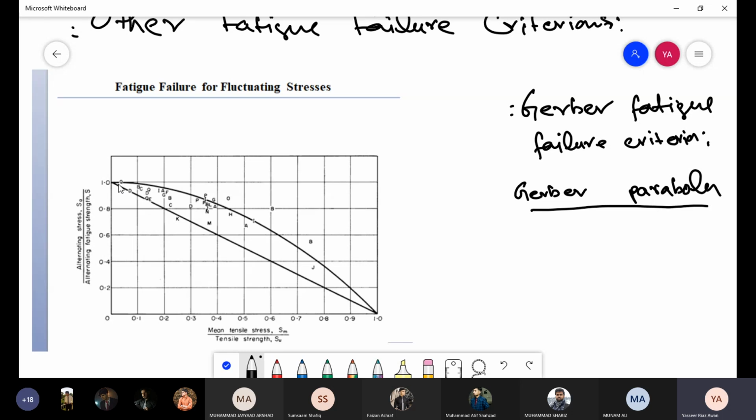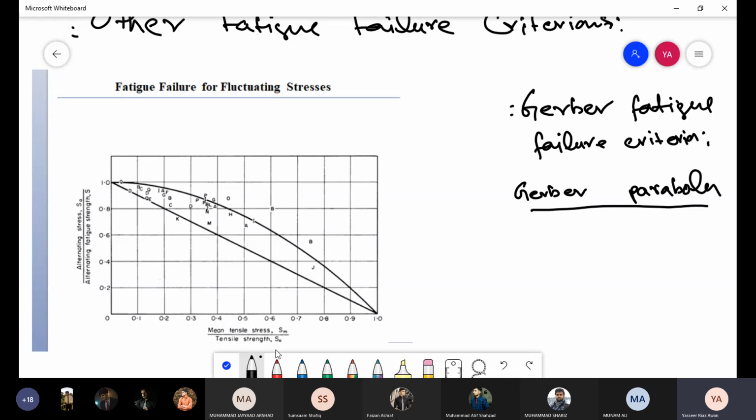So it is not a line, it is a curve which is a parabola. Modified Goodman was a line. It is a better fit for experimental data, but it is obviously less conservative than the modified Goodman line.